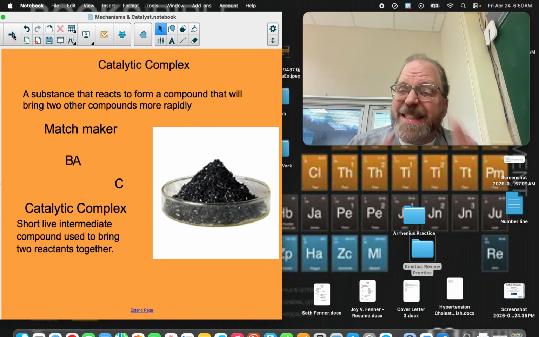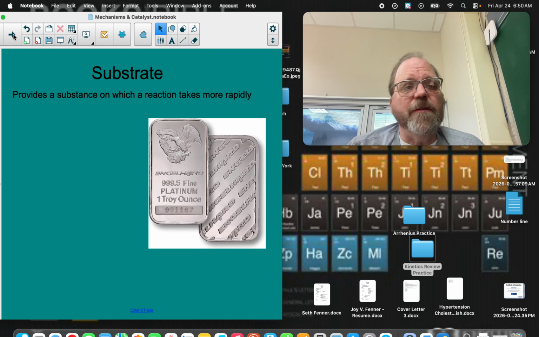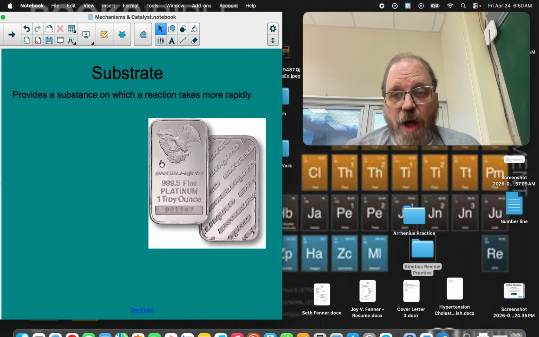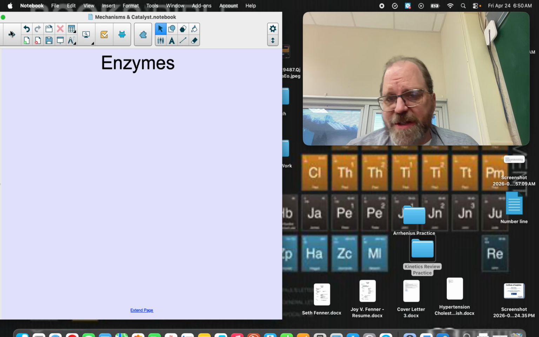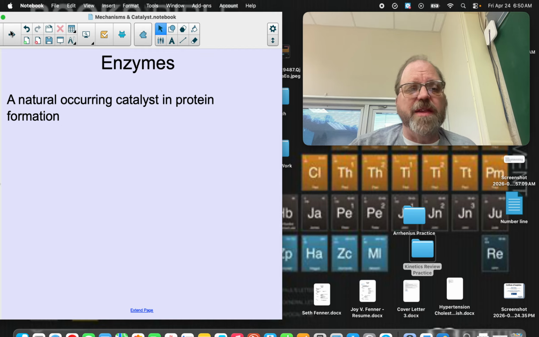All right, the second way we can do a catalyst is through a substrate. A substrate provides a surface on which a reaction takes place more rapidly. This is platinum. Platinum is often used as a substrate catalyst to make reactions take place. Another way we can look at it is through enzymes. Now, if you know anything about biology, enzymes help make proteins. This is the way they work.